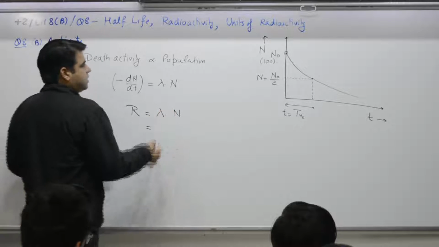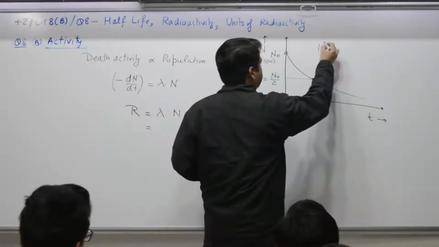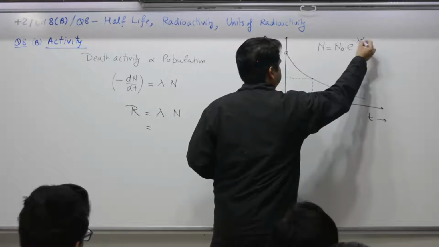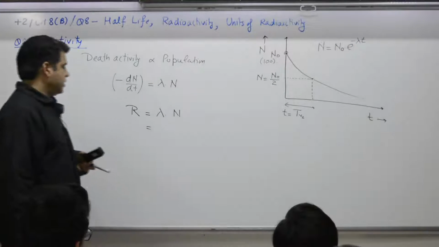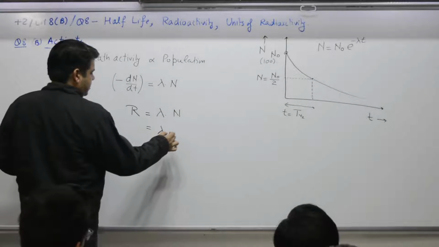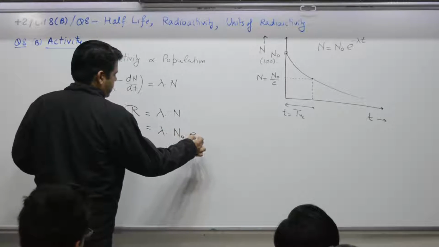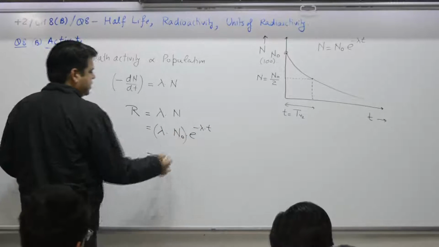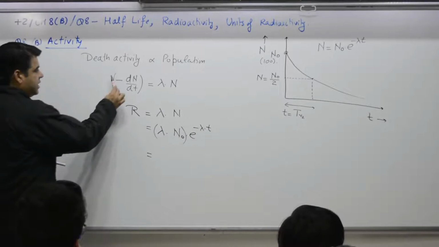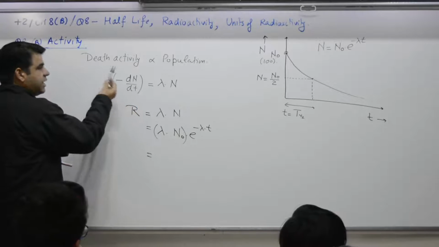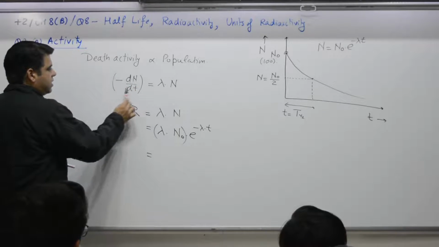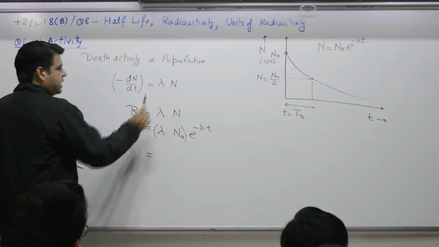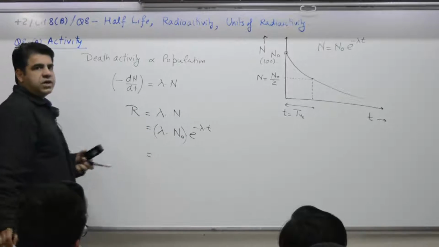N is equal to what? Yes, N is equal to N naught e power minus lambda t. Death activity, radioactivity, activity is proportional to population.